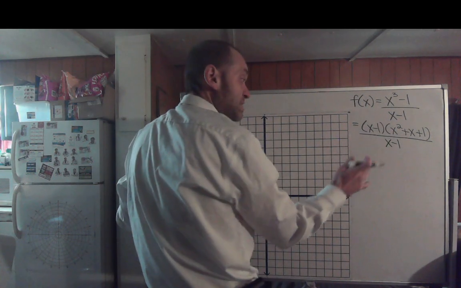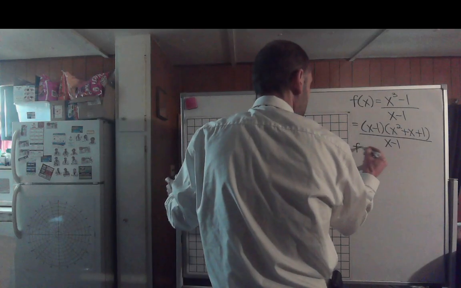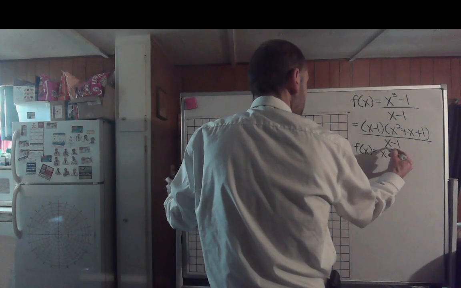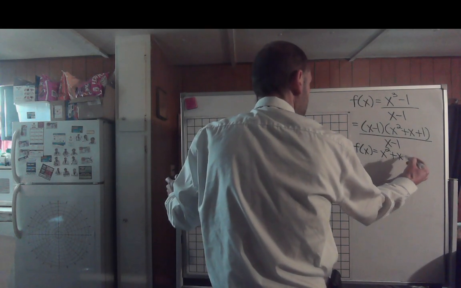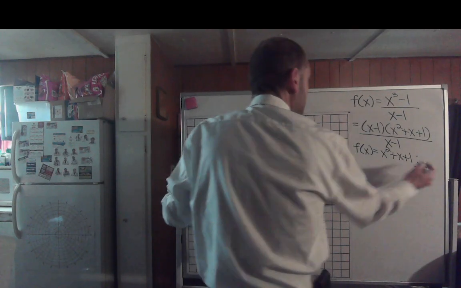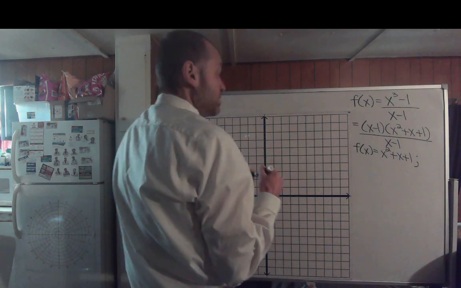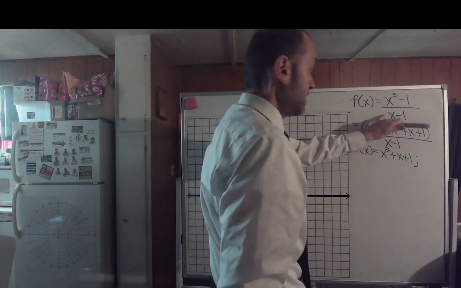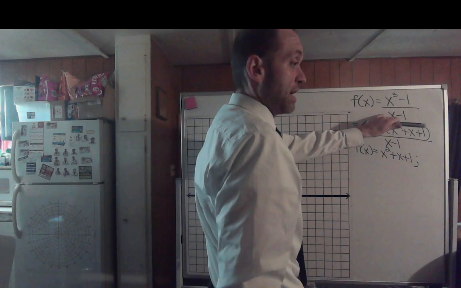Well, now your x minus 1's factor out. F of x is now just simply equal to x squared plus x plus 1, except you have to go back to your original equation where the denominator was.